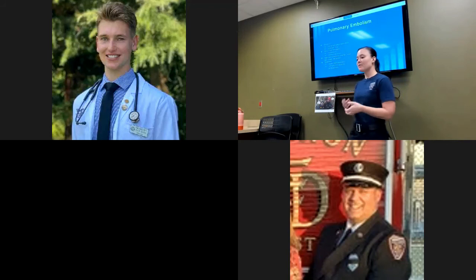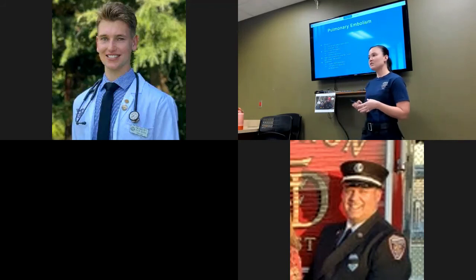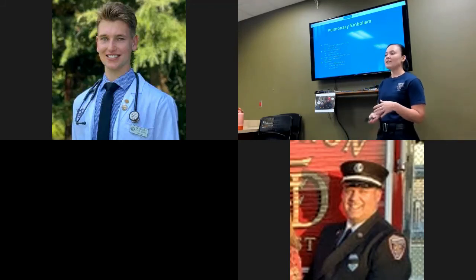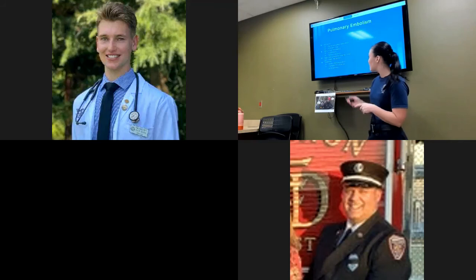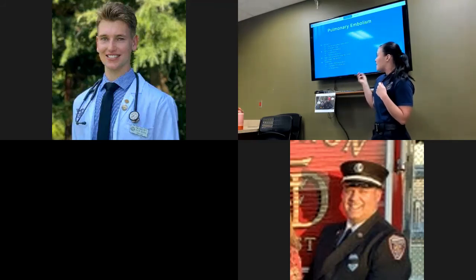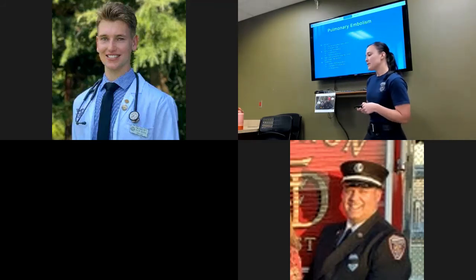Then you also get right ventricular dilation, which leads to right-sided heart failure. That right-sided heart failure leads to overall decreased cardiac output and hypotension, which is the sign of an unstable pulmonary embolism.